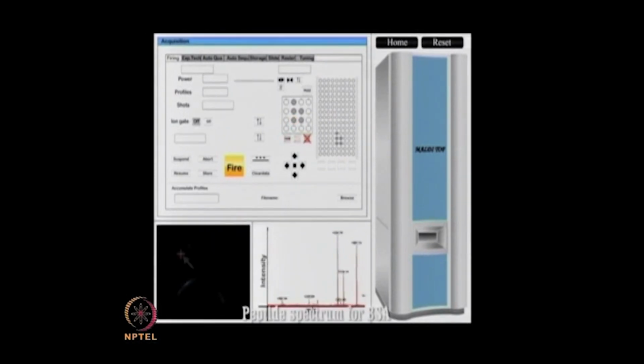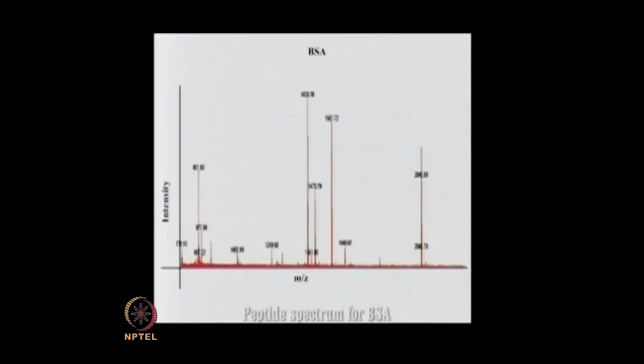You can now do the laser bombarding and a peptide spectrum is generated. We have shown here one standard protein, bovine serum albumin. So, you have to look at various locations to get the best spectra from that spot, and then you can freeze it.